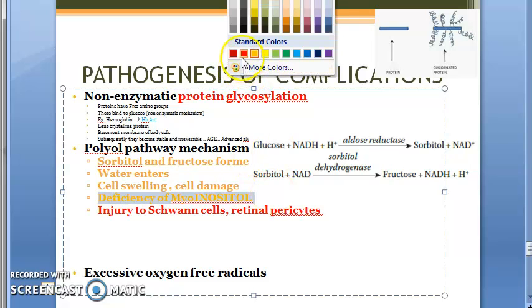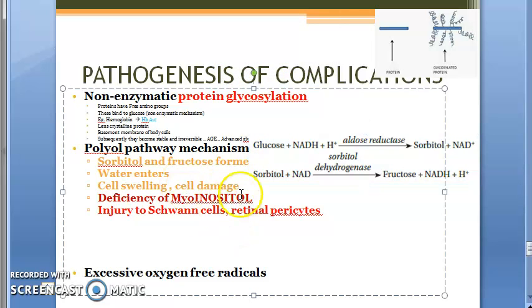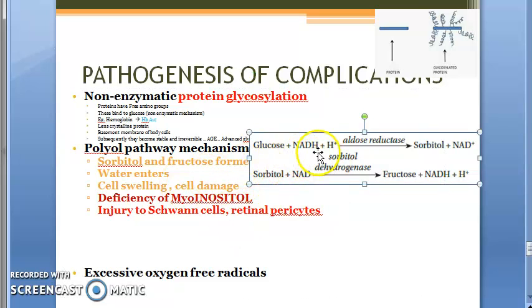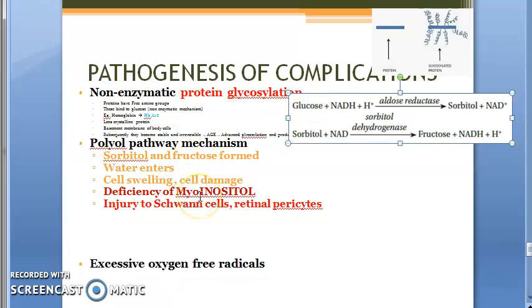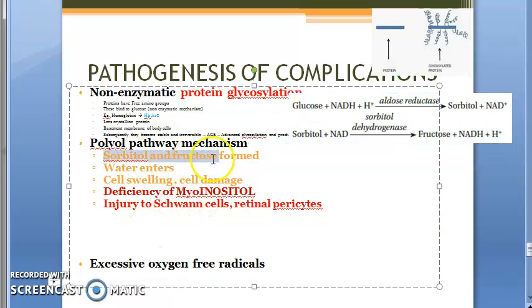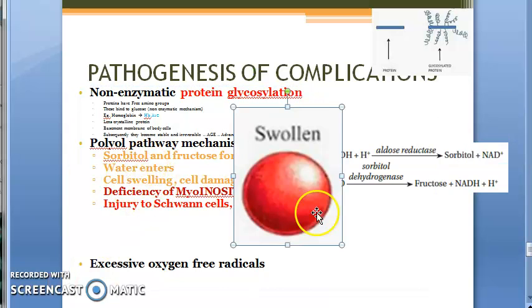Is this much clear, guys, or is it too much to understand? Glucose becomes sorbitol, sorbitol becomes fructose, sorbitol and fructose accumulate, water enters, the cell is swelling and getting damaged. Deficiency of myoinositol, injury to Schwann cells and retinal pericytes. These are called polyols, sorbitol, etc.